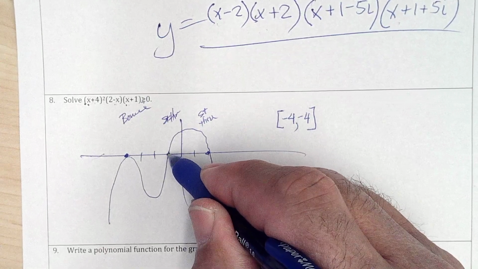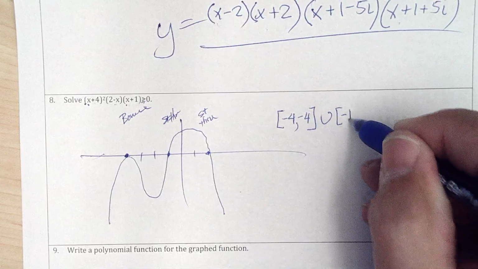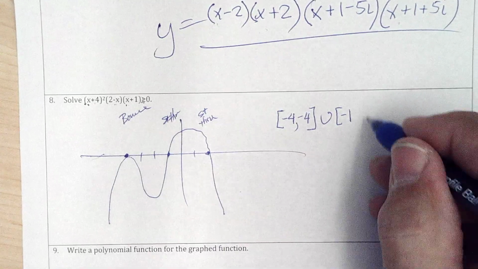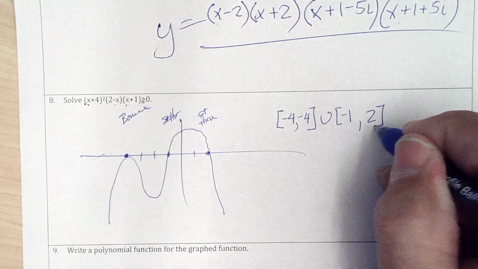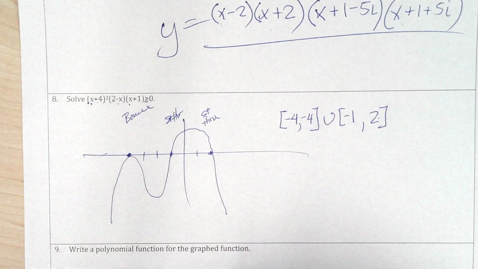And it's 0 at -1. And it's positive, greater than 0, all the way to 2 and 0. And then it's 0 at 2. And then after that, it's all negative again. So that's the answer to that one.